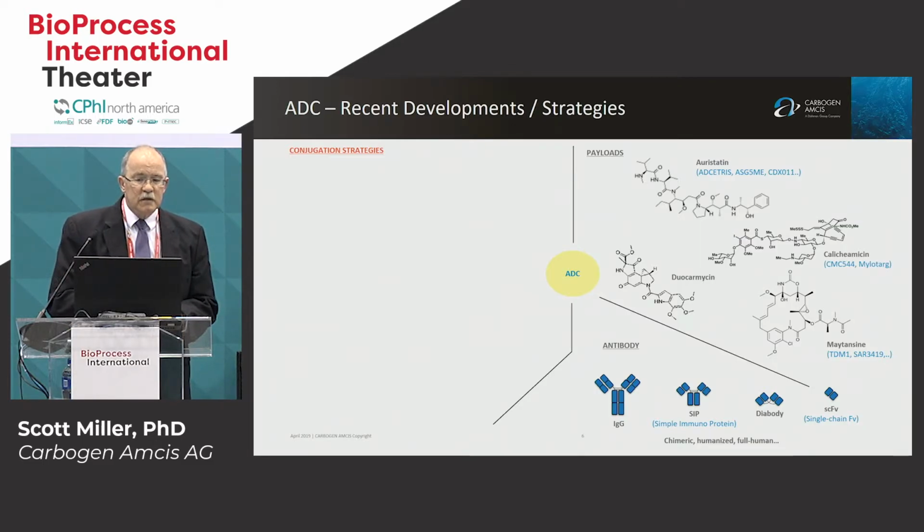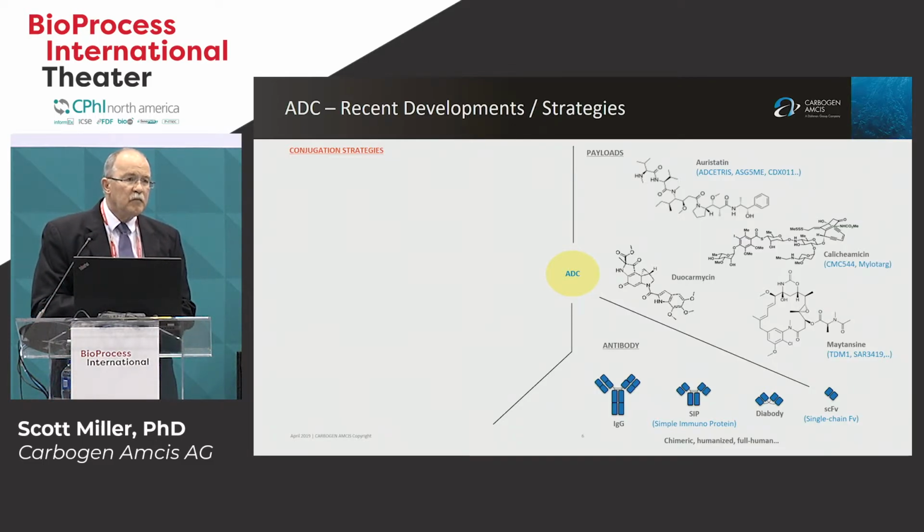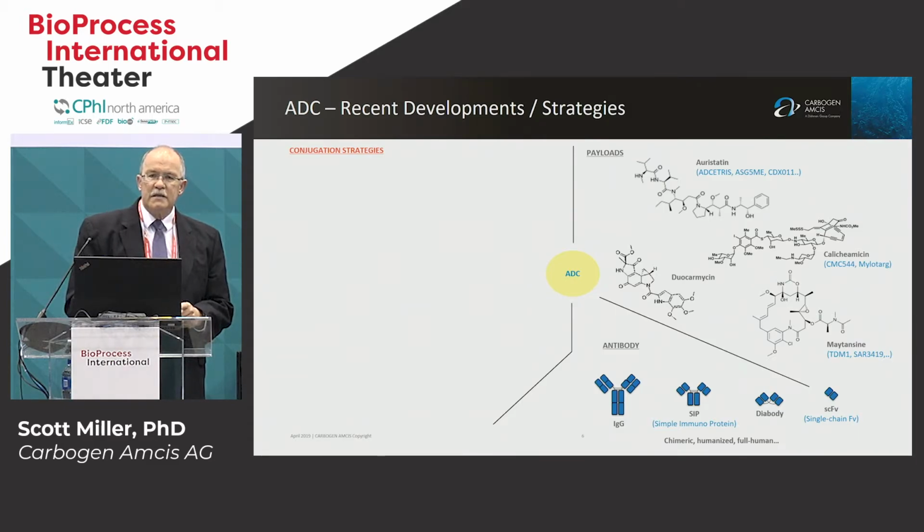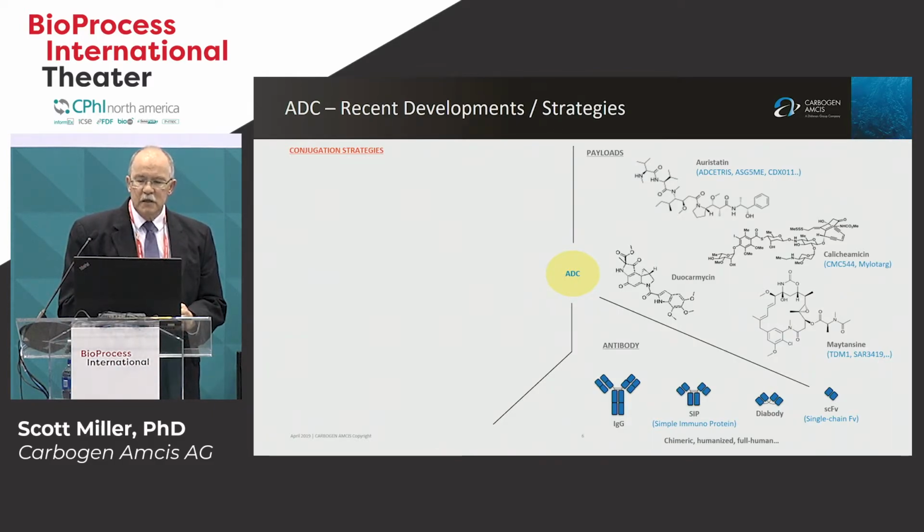The payloads are statins. VCMMA is used in Adcetris. On the lower right part, maytansine, that's TDM1, is used in Kadcyla. And then calicheamicin in the middle right, that's Mylotarg. Those are all drug linkers that are currently in approved drugs.